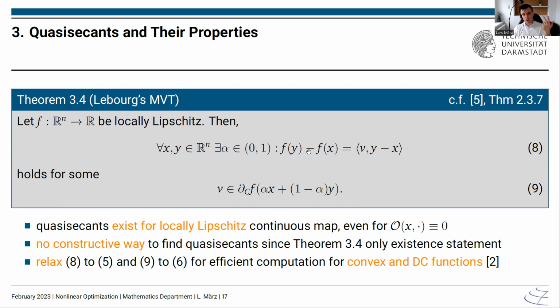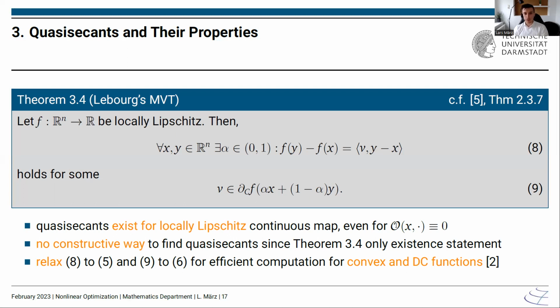So this is the intuition behind this theorem. What can be derived from this for our purposes is that quasisecants exist for locally Lipschitz continuous maps, even without this Landau term, which gave us this small tolerance. But the proof of the theorem doesn't give a constructive way to find quasisecants, because it's only an existence theorem and it doesn't have a constructive proof.